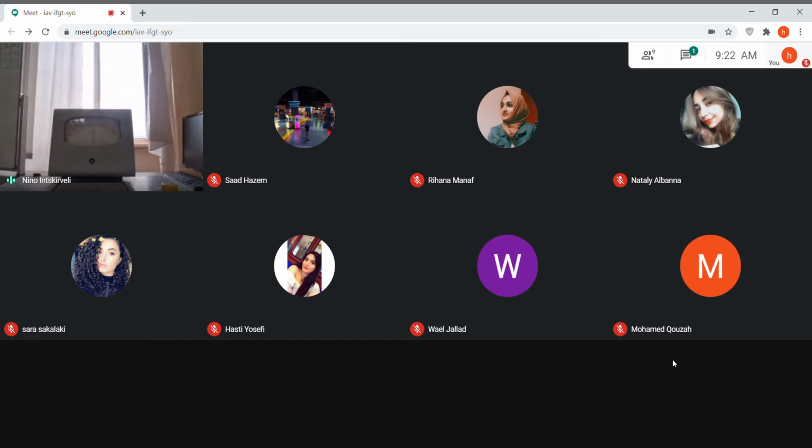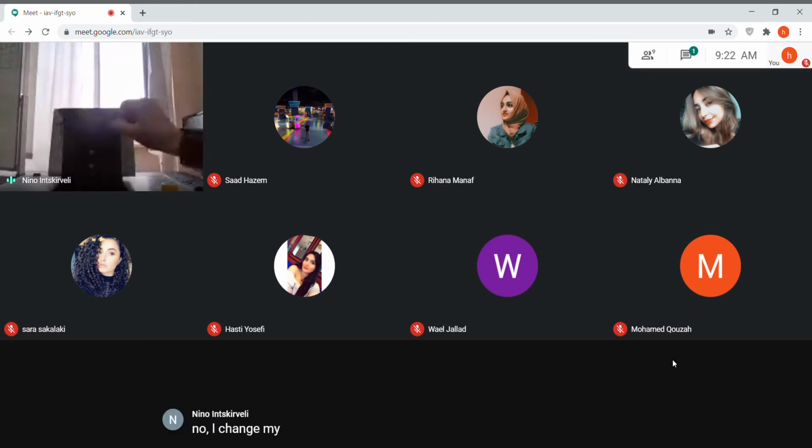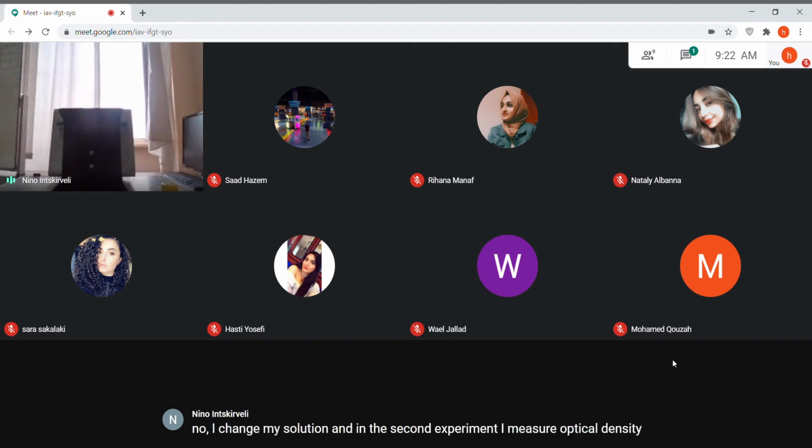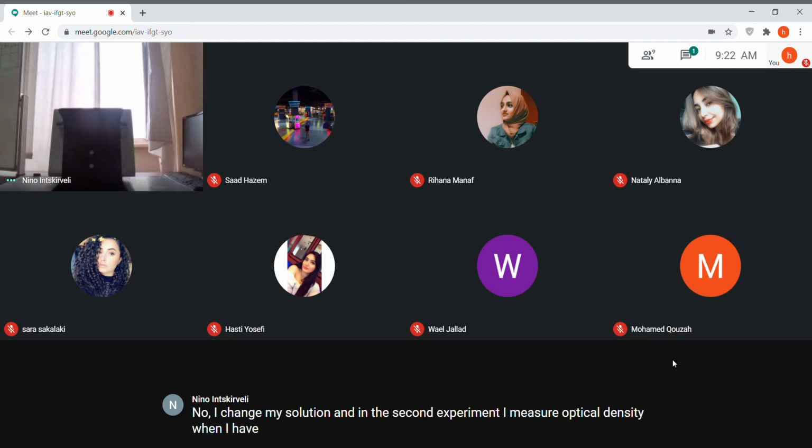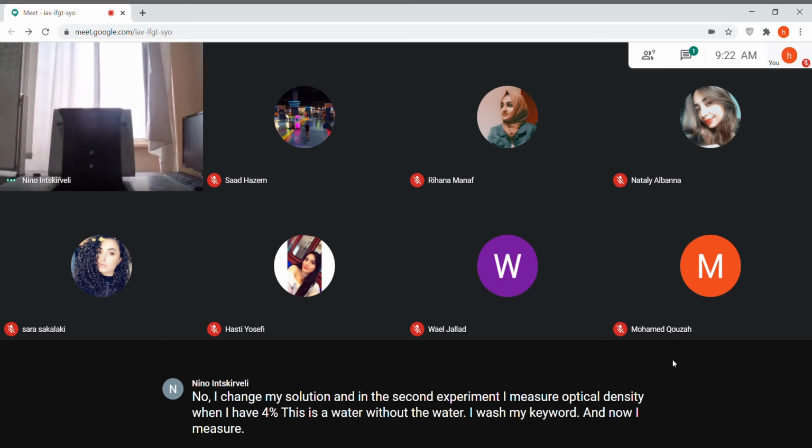Now I change my solution, and in the second experiment, I measure optical density when I have 4%. This is the water. With the water, I wash my cuvette, and now I measure the 4% solution's optical density.